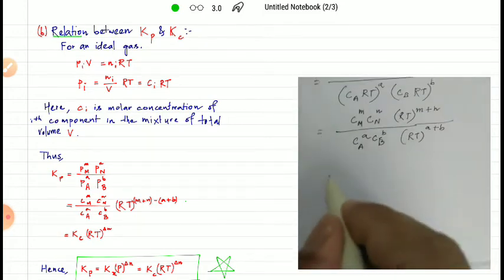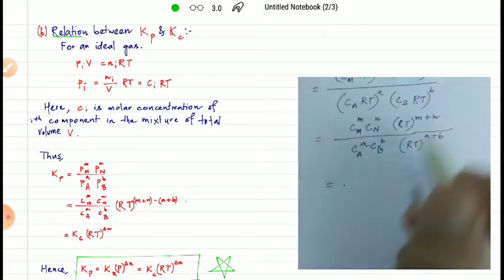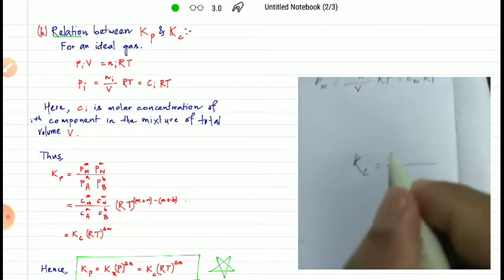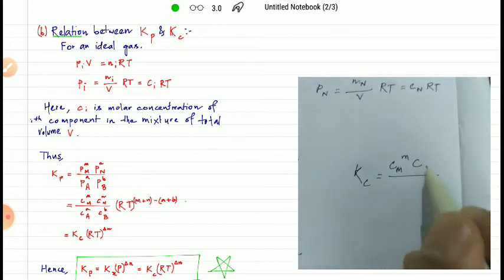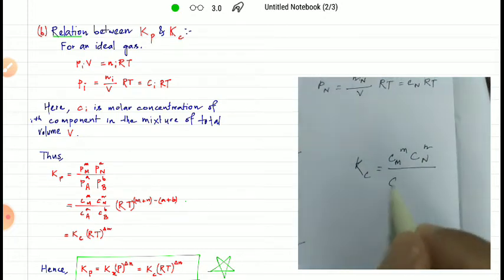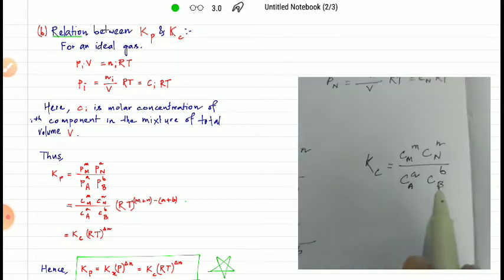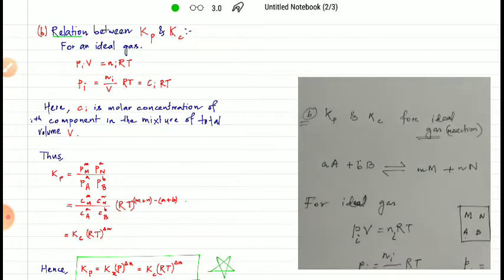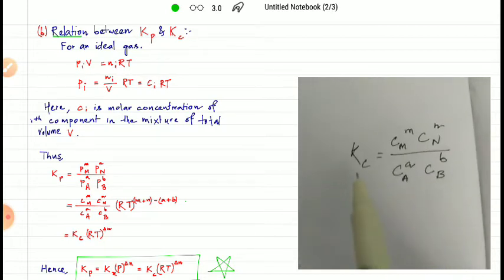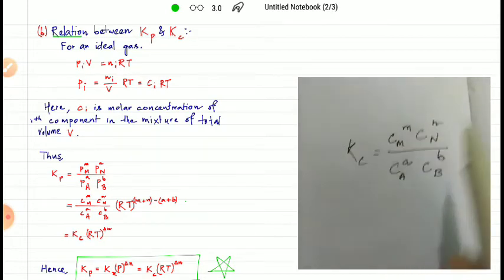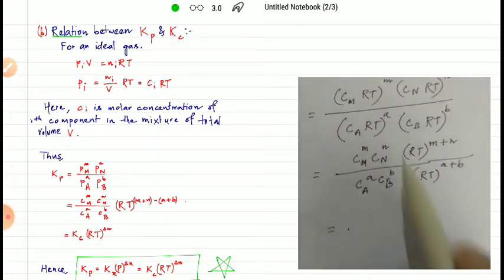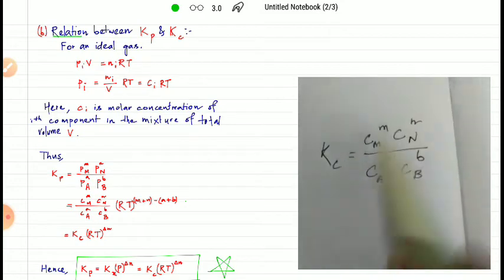We know that Kc is equal to CM to the power m, CN to the power n, over CA to the power a, CB to the power b, the equilibrium constant in terms of concentration for this reaction.